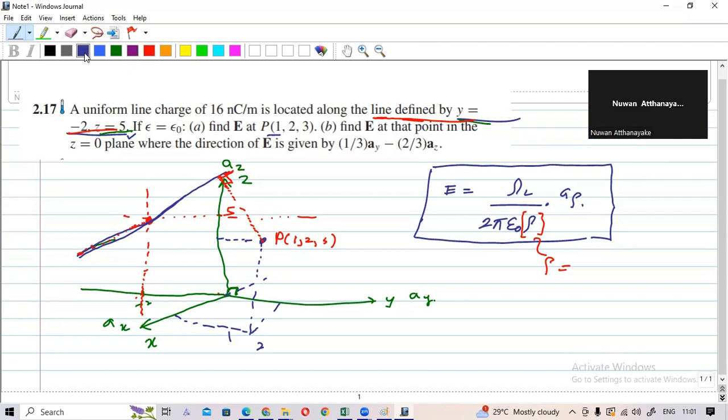Here you should understand, as I told you, this line charge is going parallel to the x-axis.